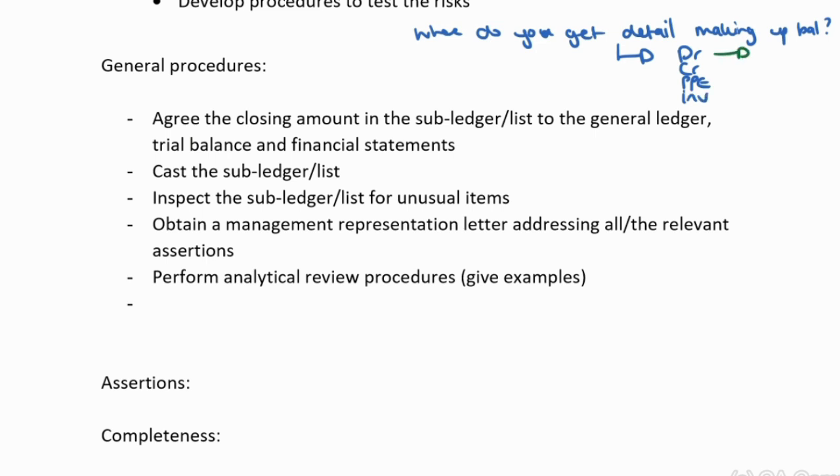Your debtors is your debtors ledger. Your creditors is your creditors ledger. Your PPE is your fixed assets register. Your inventory is your inventory listing, or register if you want to call it that, or ledger.